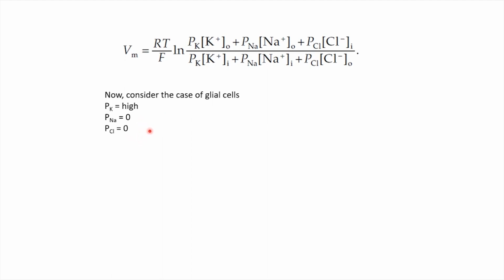So in this case, if we set PNa and PCl to be zero, then all these terms cancel out and become zero, and what remains is just this term. So the final resting membrane potential becomes RT over F ln of PK K+ outside over PK K+ inside, and PK cancels out, and what we have left is basically the Nernst equation, RT over ZF, where Z is just 1 now, ln of K+ outside over K+ inside.